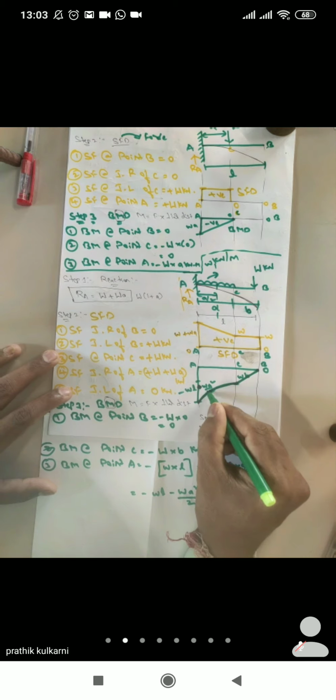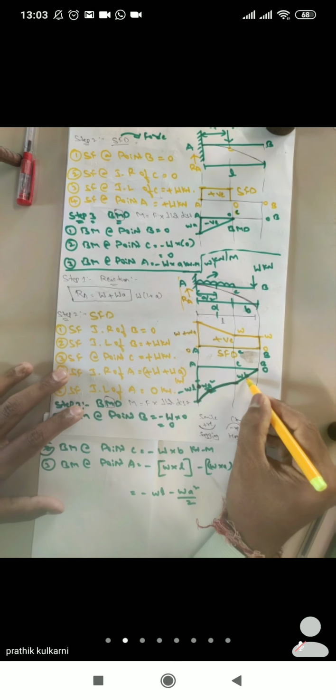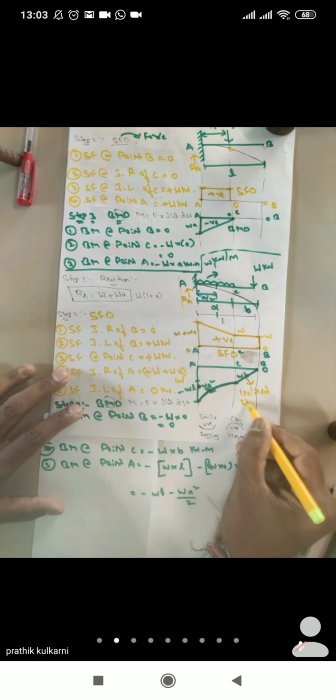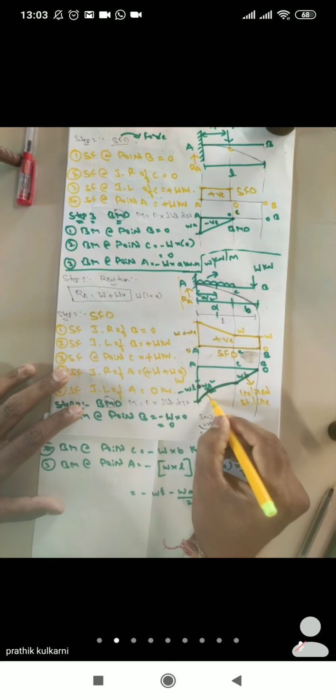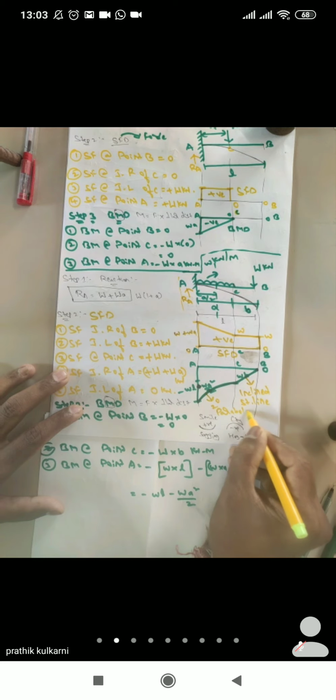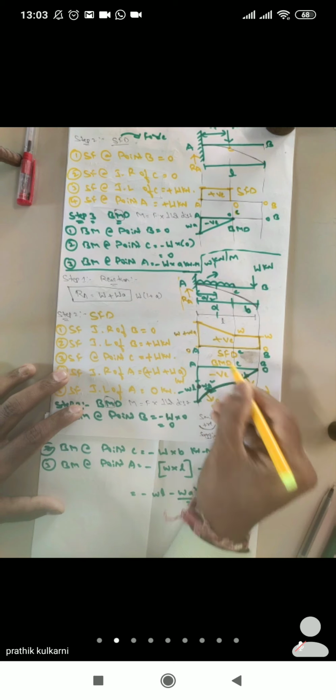So this is your WL square. Here, if you want, you can write this as an inclined straight line. This one you can write as a 2 degree parabola. This is the negative bending moment diagram.